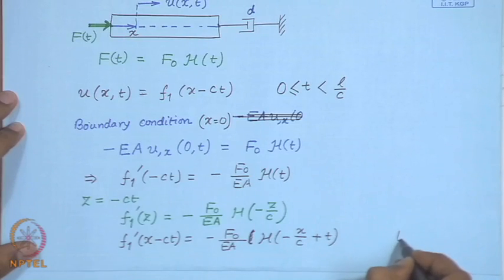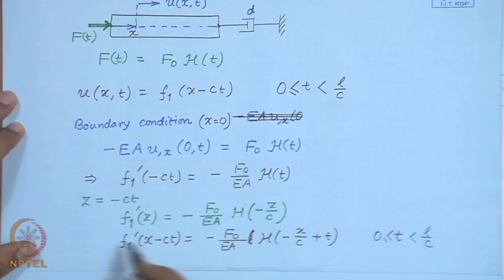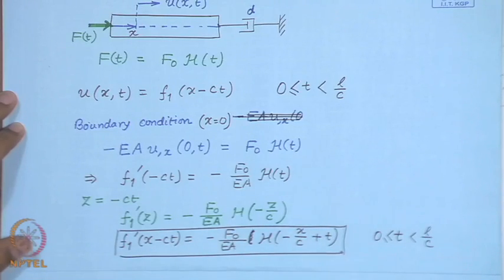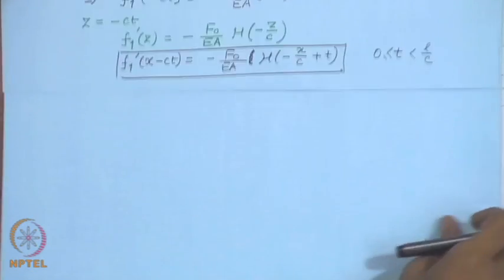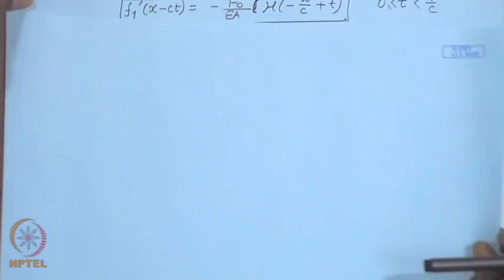And this is the solution as long as time is less than L over C. So, using this now we can write the velocity of the bar.